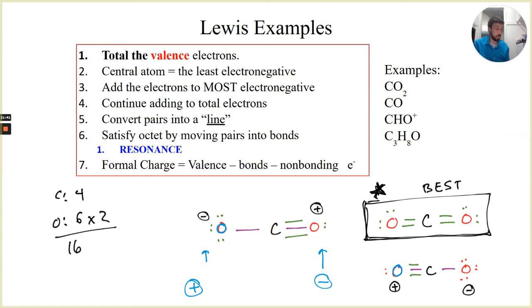But here's where that octet comes into play. Could I bring a large negative into that oxygen? Well, how many electrons are around that oxygen? 8. Because it is a very electronegative element, where are those electrons likely going, particularly in that double bond or triple bond?